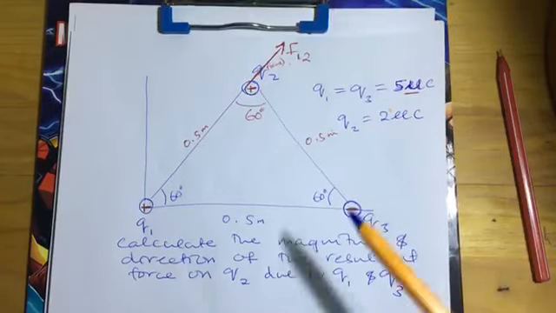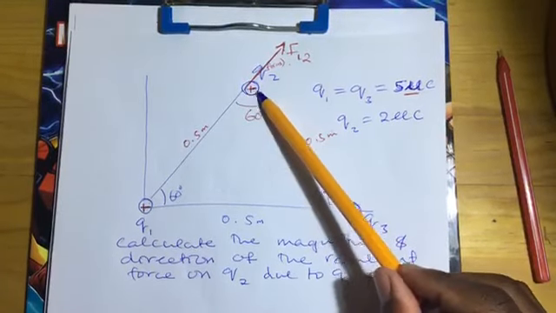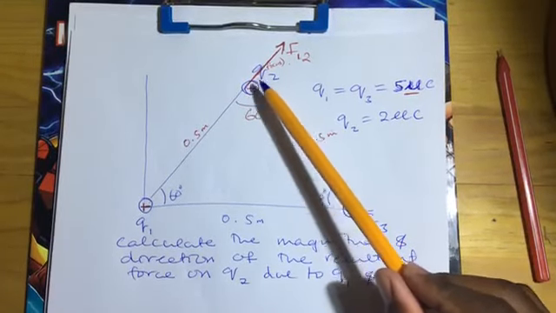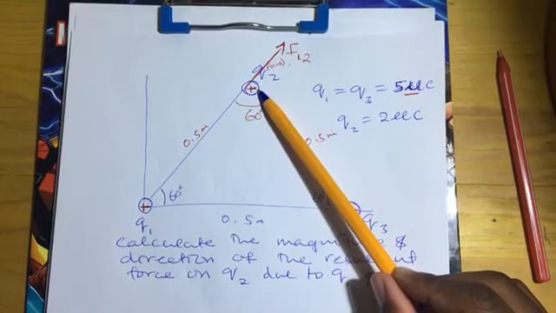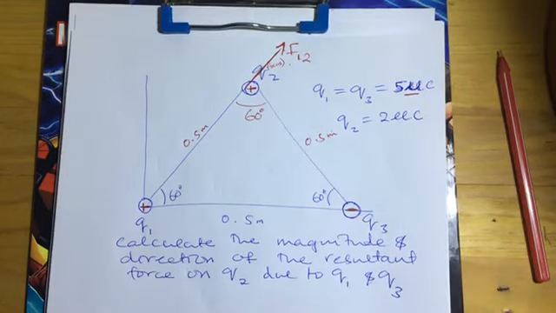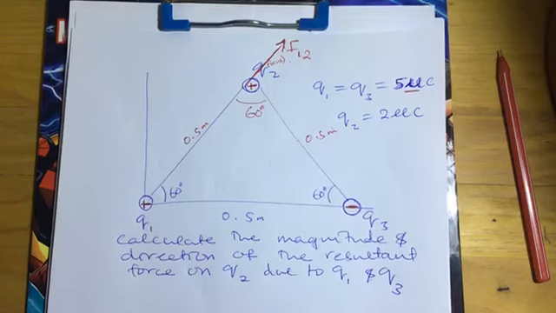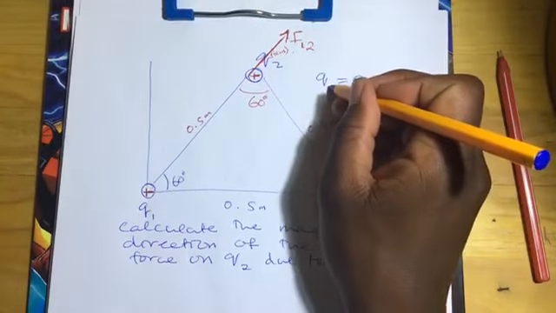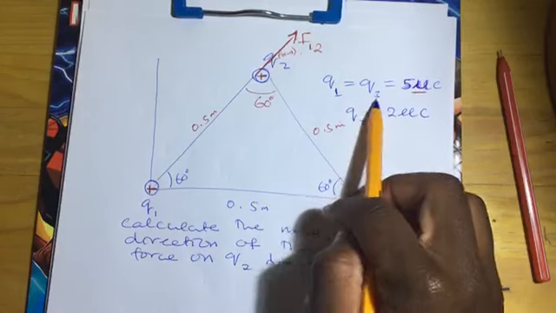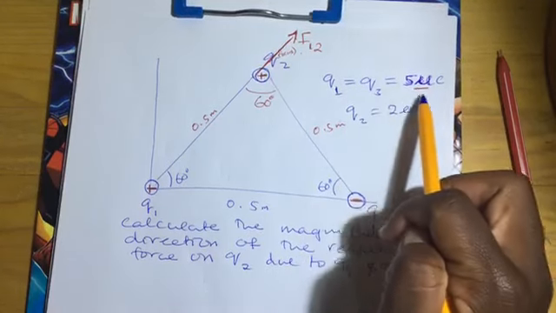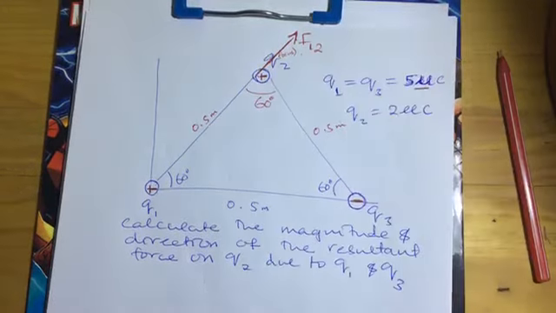Next, we need to draw arrows on the charge we are focusing on. So they've told us in the question that charge 1 is the same as charge 3, and this is 5 microcoulombs.